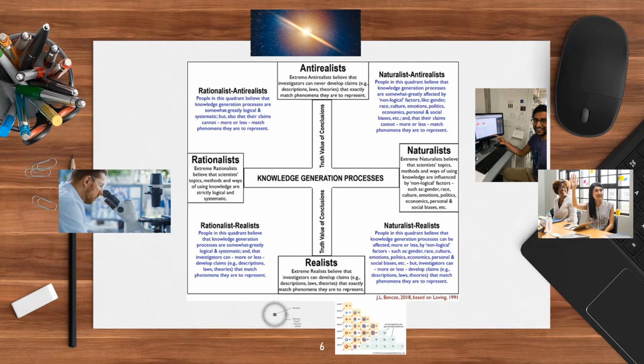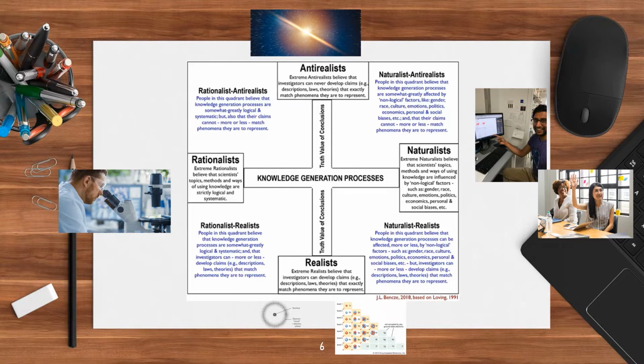The second axis is the rationalist-naturalist continua, which describes how knowledge is generated in science. Rationalists believe that scientists' and engineers' topics and methods are highly systematic, logical, and are free of bias and emotional factors that might influence them.